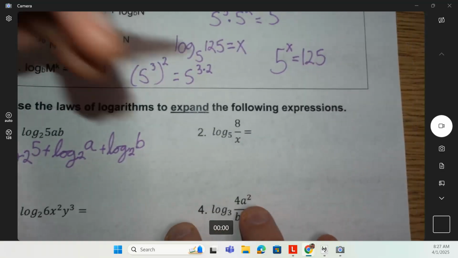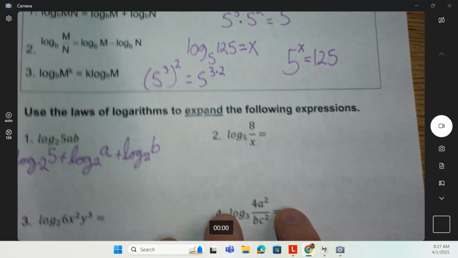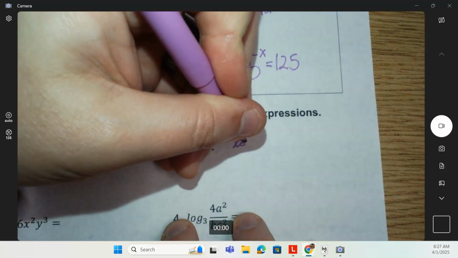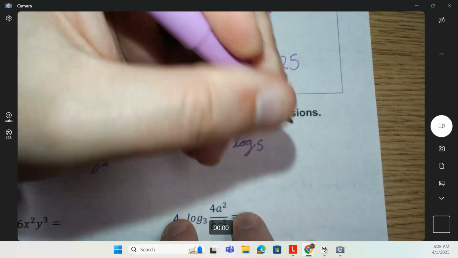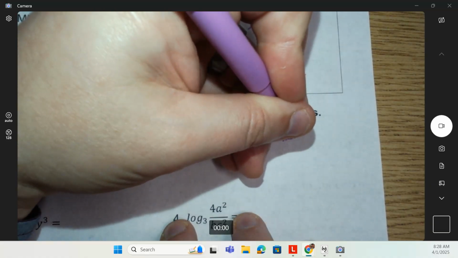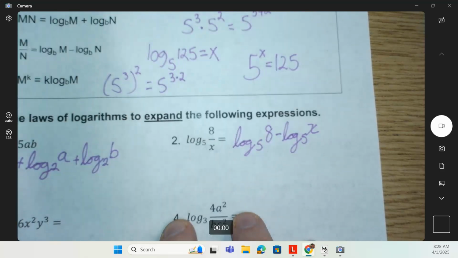Okay, on number 2, log base 5 of 8 over x. That's our second law up there. So we're just subtracting. It would be log base 5 of 8 minus log base 5 of x.